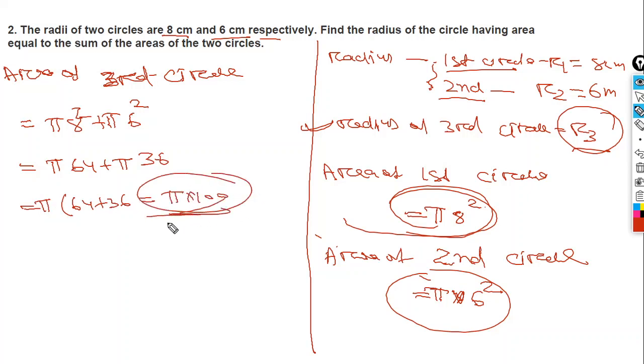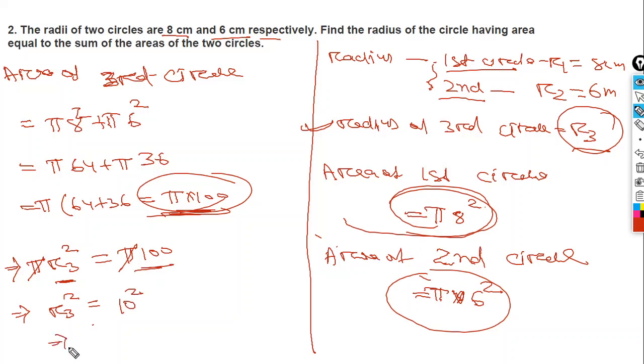Now this is the area of the third circle, so pi r3 square, where r3 is the radius of the third circle, is equal to pi 100. You cancel the pi. R3 square is equal to 100, which is the square of 10, you can write 10 square, implies R3 is equal to 10. So this is the solution.